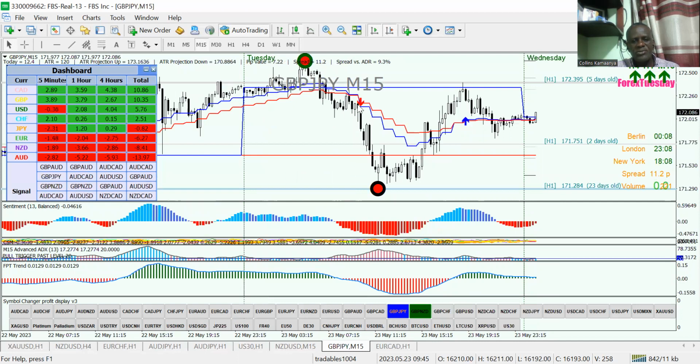For GBP, you had two. This one is a new trend, so it didn't materialize yet, but I'm sure it's going to develop. And from this point, how many pips? Here. GBP, 6 pips.